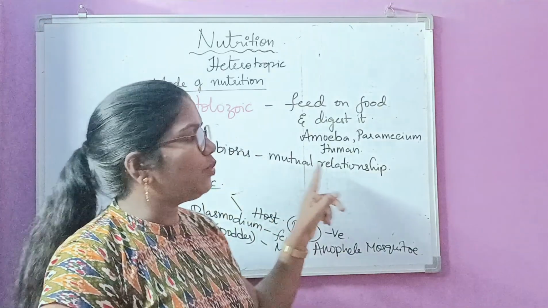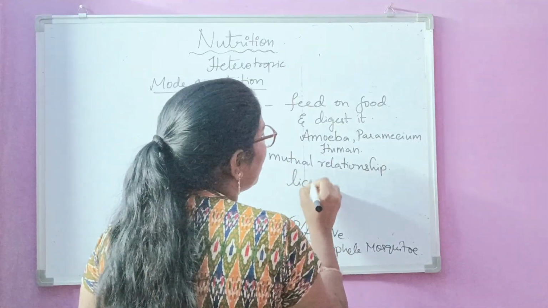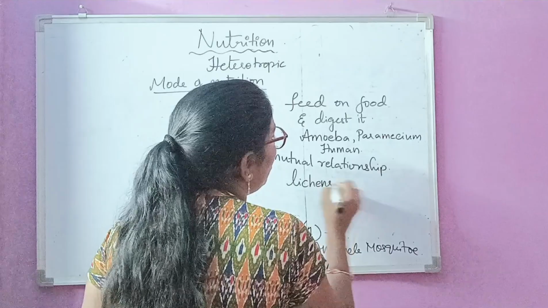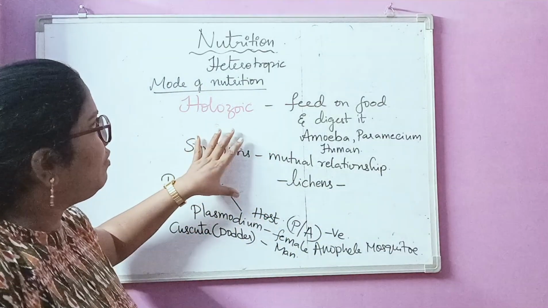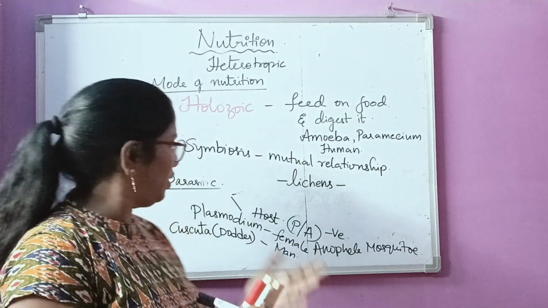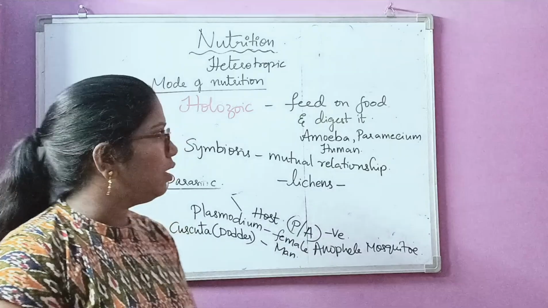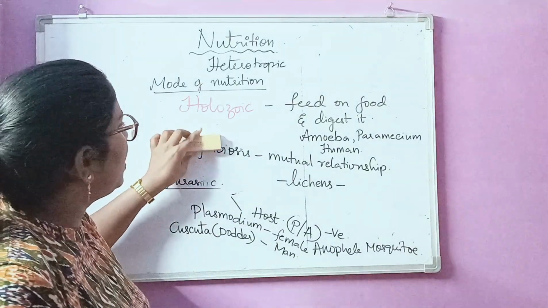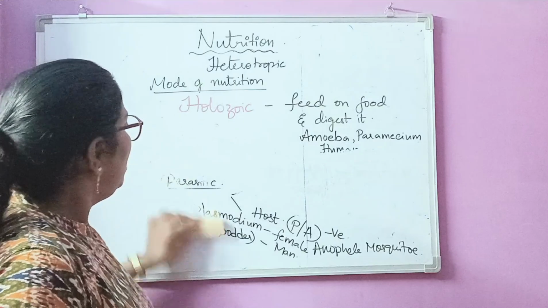For example, lichens, where the algae and the fungal colony live together and both are mutually benefited. So these are the different types of heterotrophic nutrition: holozoic, saprophytic, parasitic, and symbiotic relationship, or symbiosis.